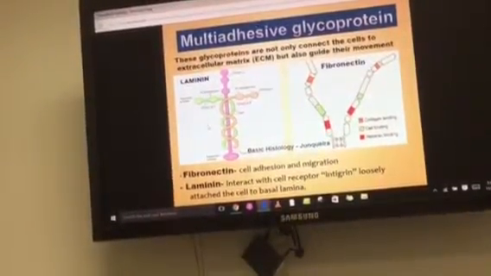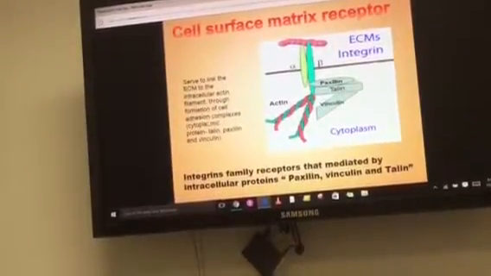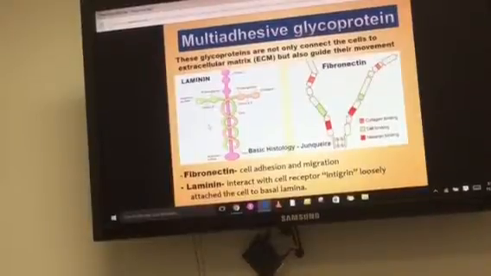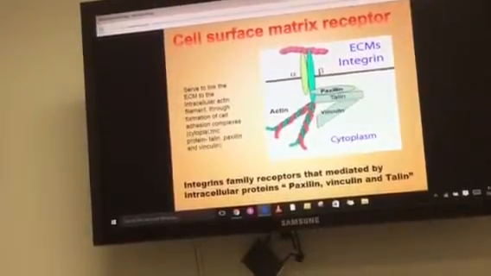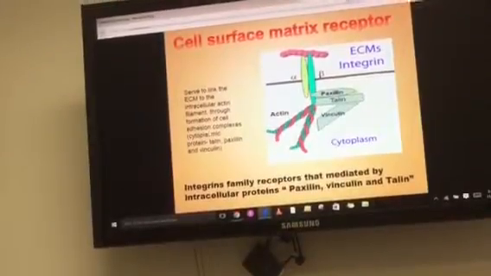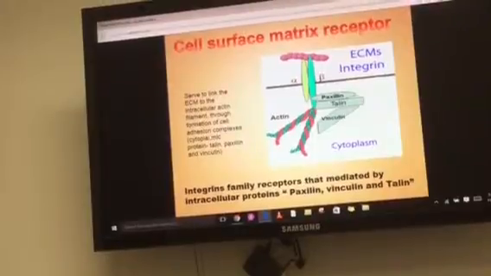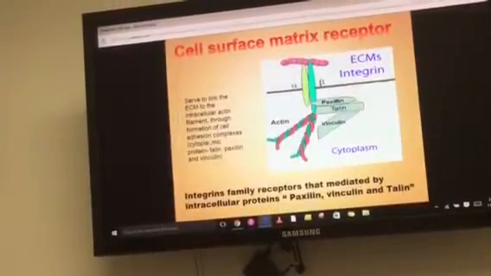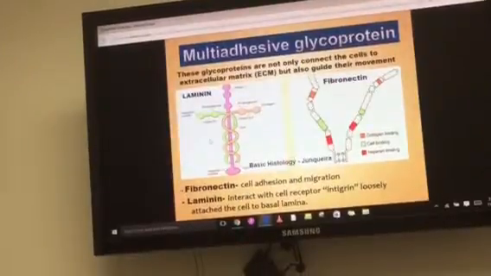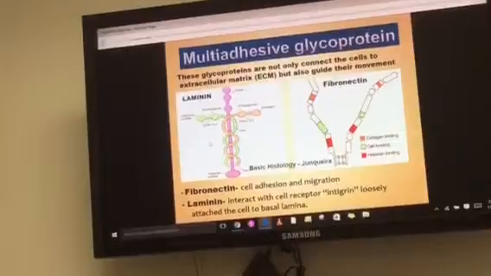I think the significance of laminin is that it interacts with integrin, and that integrin interacts with talin, paxillin, and vinculin. So basically, the integrin is a receptor on the cell surface, the cell surface matrix receptor, and it binds laminin, which is a type of glycoprotein.